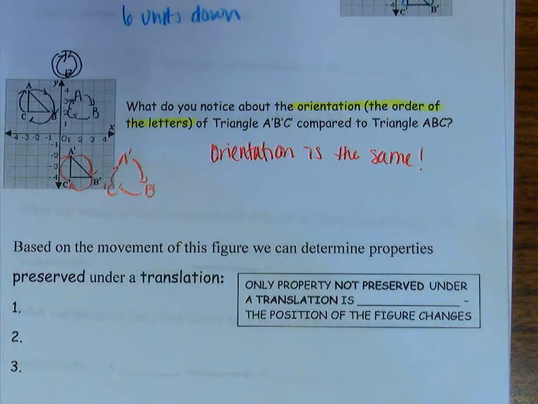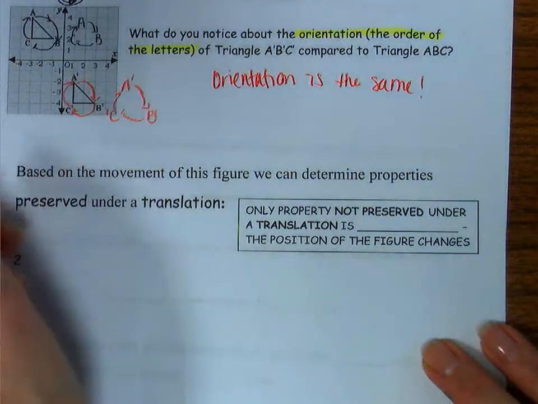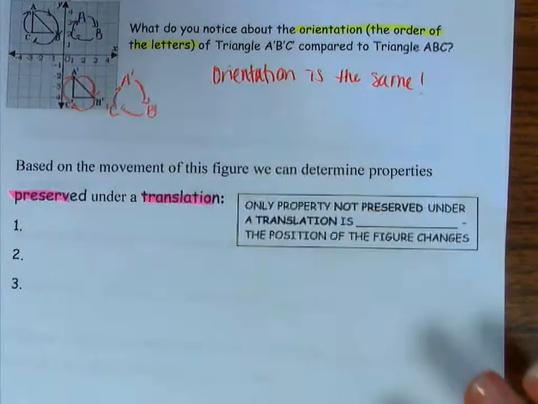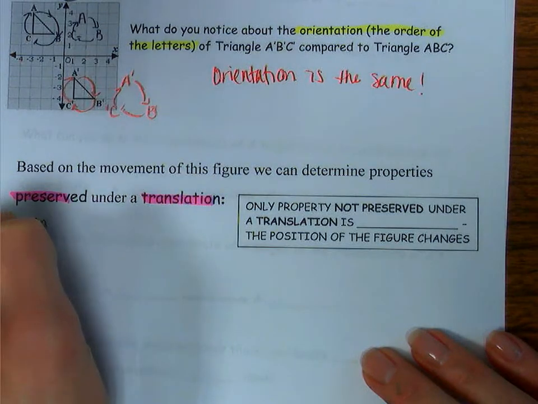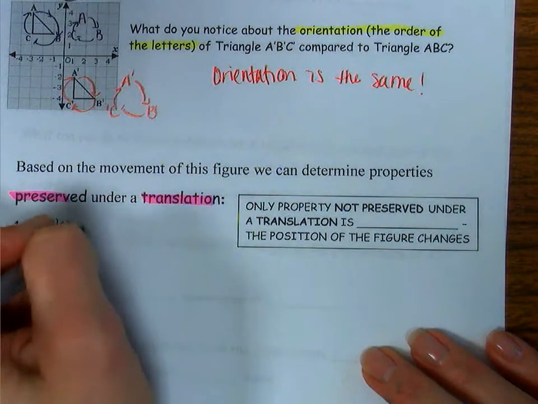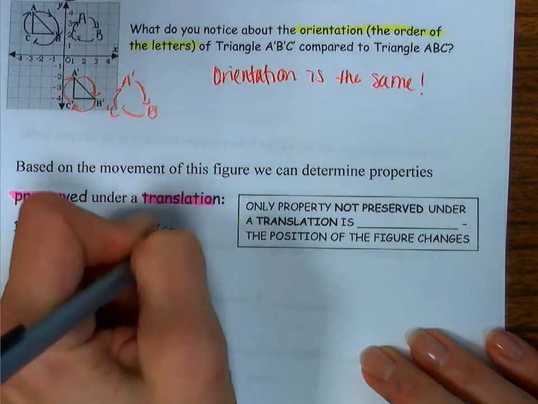So let's take a look at the properties that are preserved under translation. We know that the angles have the same measure. So angle to angle, they have the same measure.